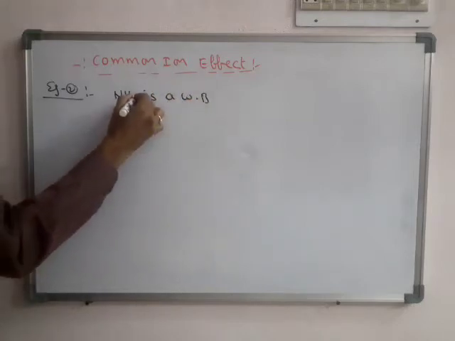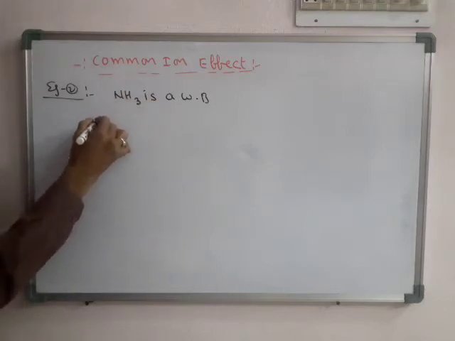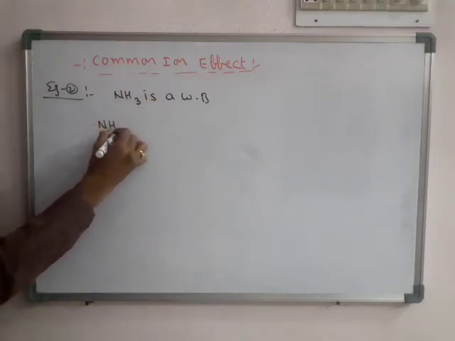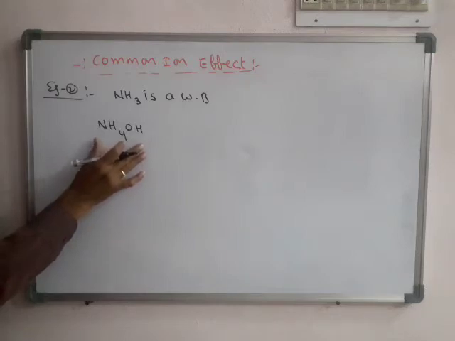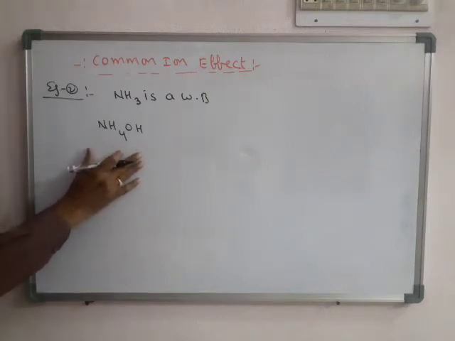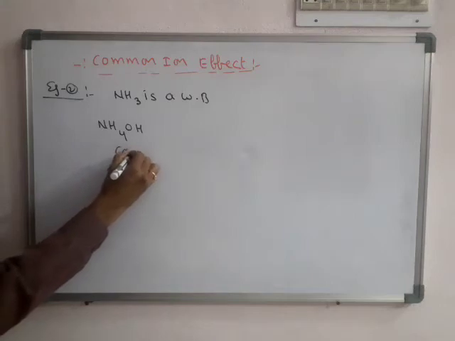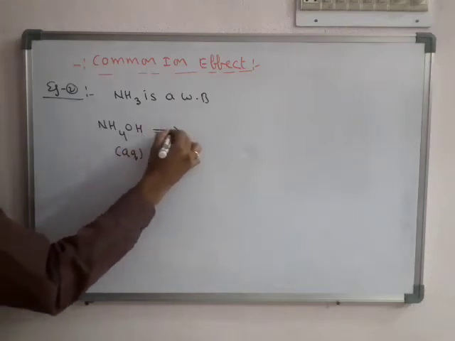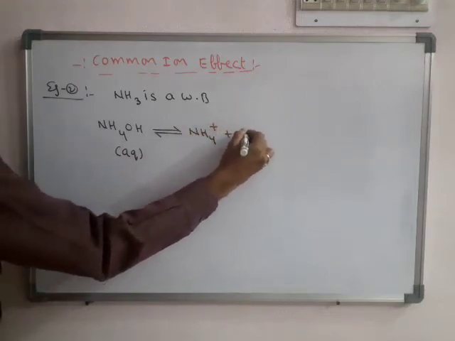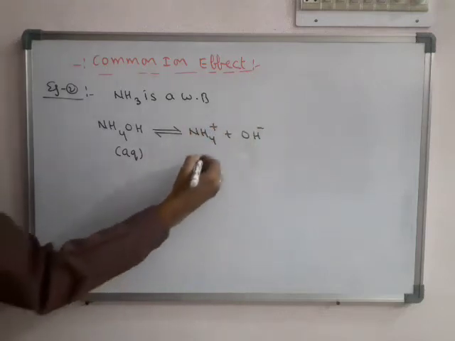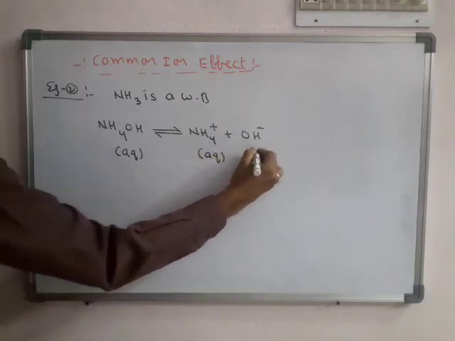In aqueous solution it is generally present in the form of ammonium hydroxide, which is formed due to the dissolving of ammonia in water. So ammonium hydroxide is also a weak base. When ammonium hydroxide dissociates, we get NH4 plus and OH minus in aqueous solution.